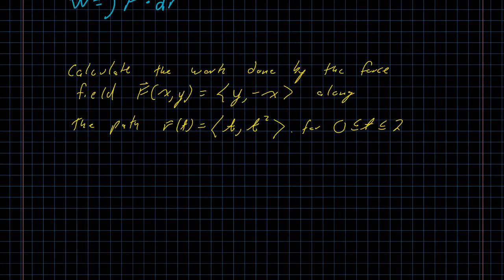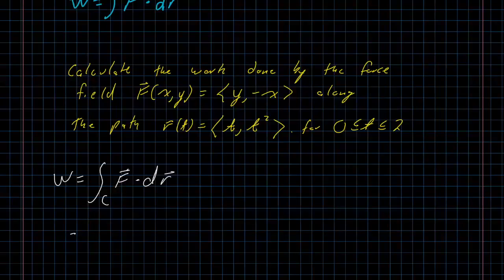All right. But our formula says that work is the integral along a curve of F dot dr. And F is, of course, y, negative x.